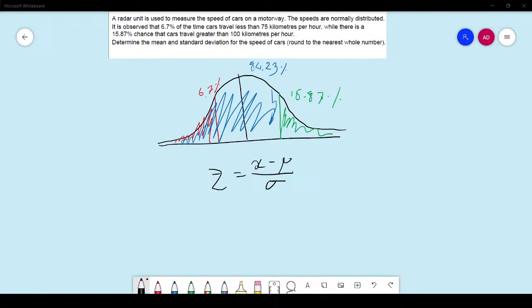Yes, so Z1 should be 0.5239, but because it's left of 0, I think it's going to be negative. I'll just double check.